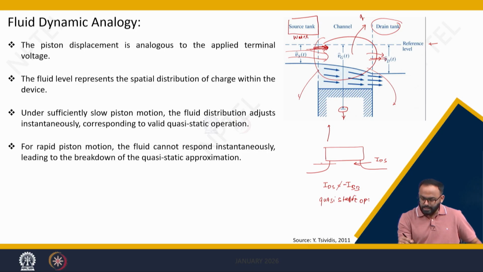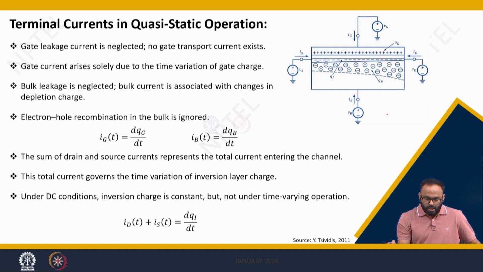We will analyze this analogy of water in terms of charges and the applied voltage. To see further, what we are saying is that when you change the terminal voltages very slowly, it will give rise to a change in the charge.